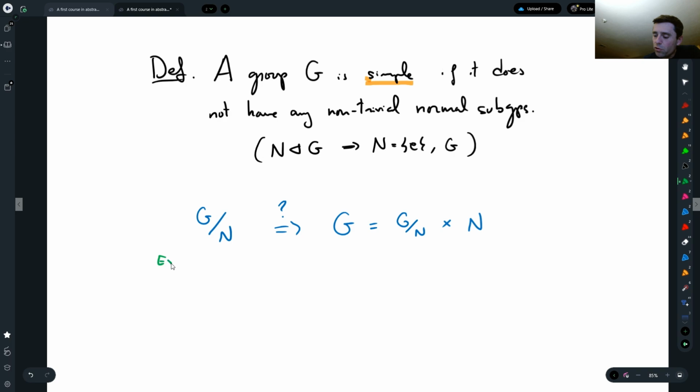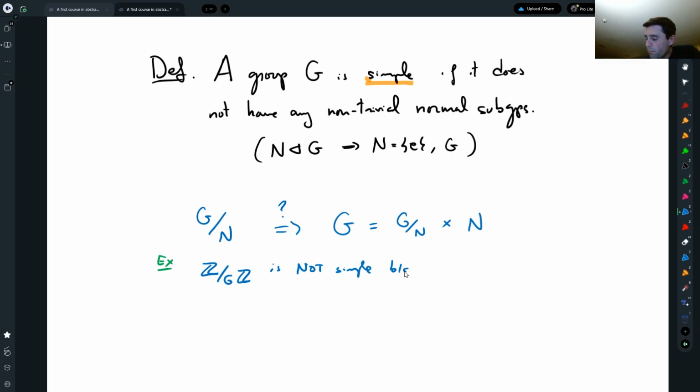What are some examples of simple groups? Let me start with a non-example. Z modulo 6 is not simple, because we do have, for example, that {0, 3} is normal and non-trivial.